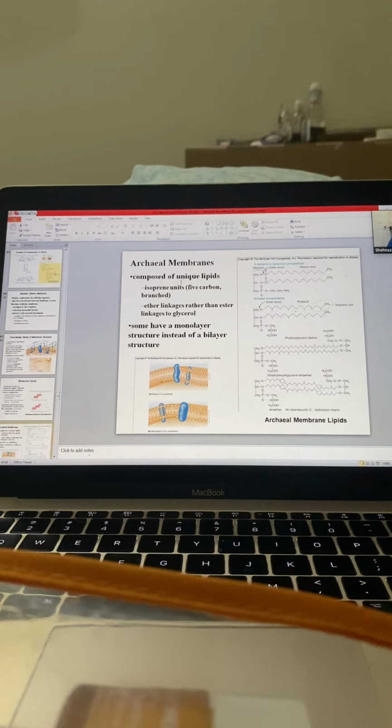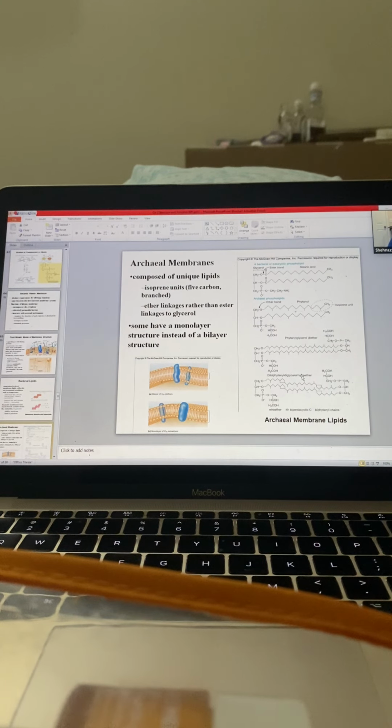Also, in some archaeal membranes, you will have a monolayer. Usually, the membranes of bacteria and even eukarya are bilayers. Here, you will find it to be a monolayer. You can see the two fatty acids coming out of one glycerol molecule, and here is the other membrane phospholipid, but they are connected.